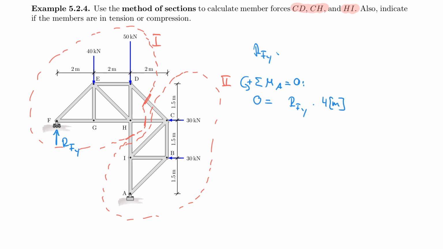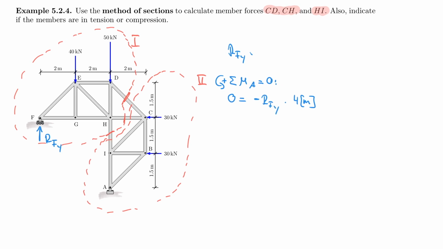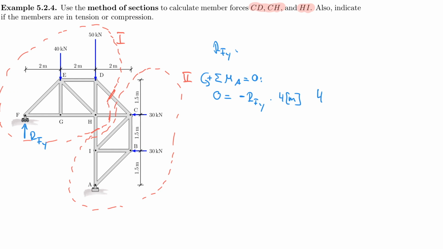And then I also have to include all the other external forces, right? But before I do that, I need to set a rotational sense. RFY is turning clockwise, so that's negative. And now all my other forces, so 40 kilonewton multiplied by 2 meters, and that rotates counterclockwise, therefore it's positive. The 50 passes through the point of interest, so I completely ignore that, but I can worry about the 30 and the 30 here, so I have to include that.